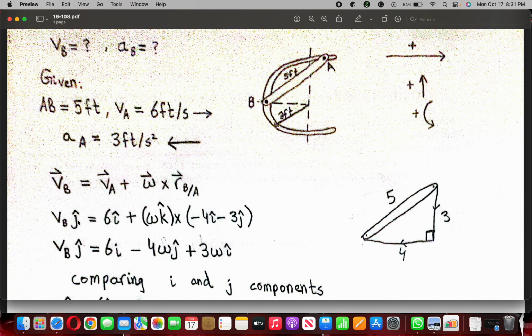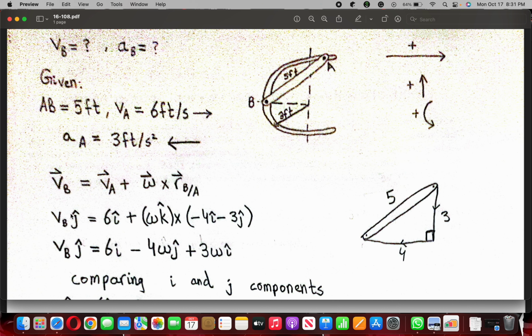We know that VB is moving in a vertical direction, as you can see from the path, and A is moving in a horizontal direction. So VB has the component j in it, and the velocity of A is 6i because it is moving towards the right, which is the positive direction we assume at the start.